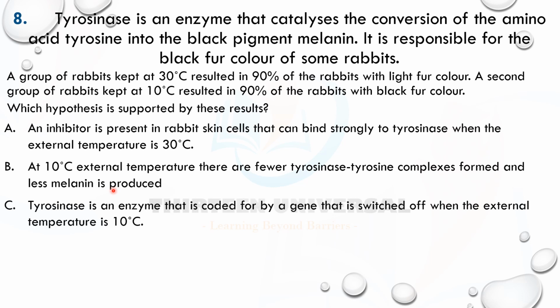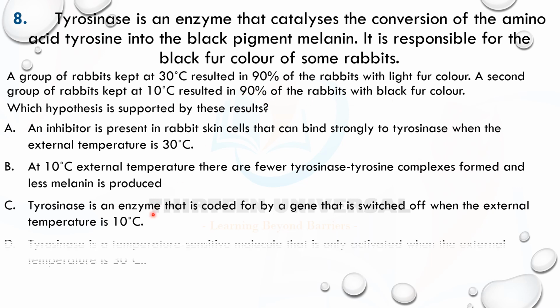C says tyrosinase is coded for by a gene that is switched off when the external temperature is 10 degrees. No, if the gene were switched off, melanin wouldn't have been formed. At 10 degrees Celsius, 90% of the rabbits had black fur color, which means the gene was active here.